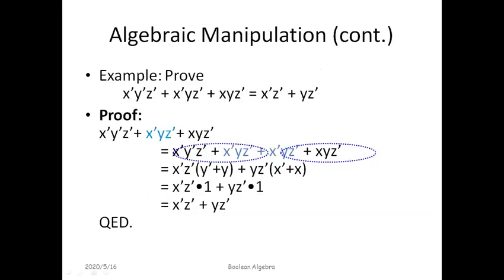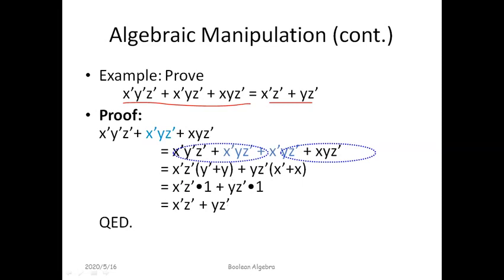Let's continue with algebraic manipulation. Another example. This time we are proving that this expression is equal to that expression. We'll prove that the left-hand side is equal to the right-hand side. So what we do is write down the left-hand side, then throw it on the right-hand side and start simplifying.